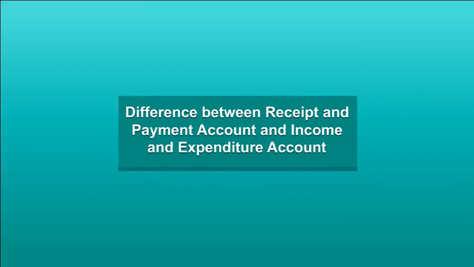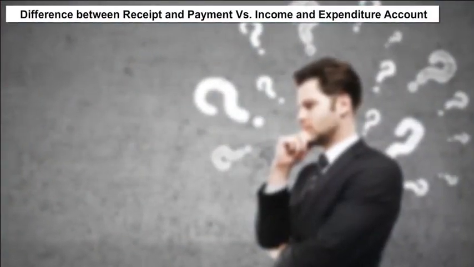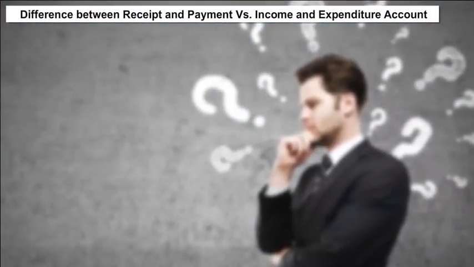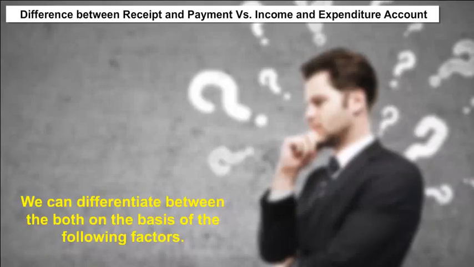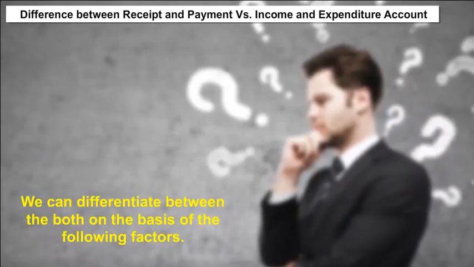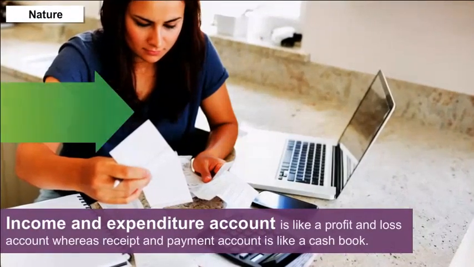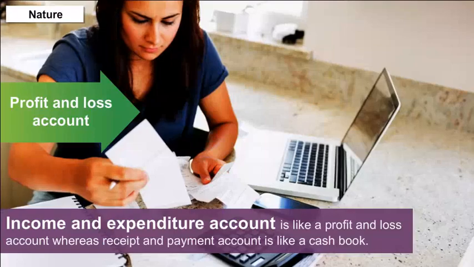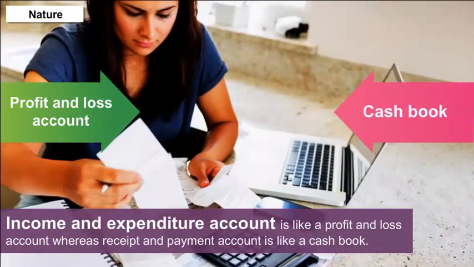Difference between receipt and payment account and income and expenditure account. We can differentiate between the two on the basis of the following factors. Nature. Income and expenditure account is like a profit and loss account, whereas receipt and payment account is like a cash book.